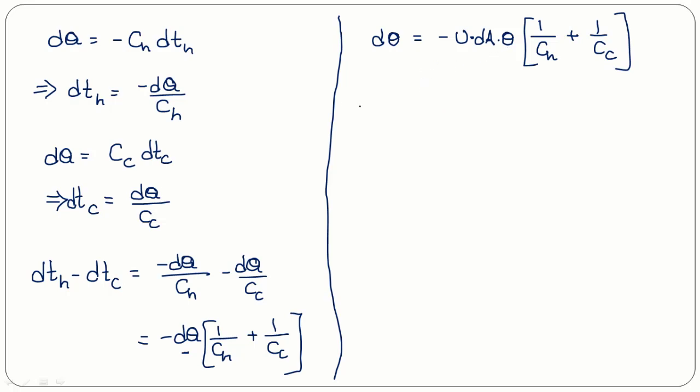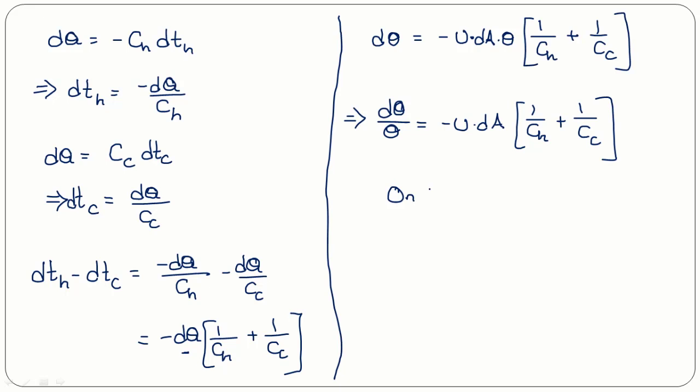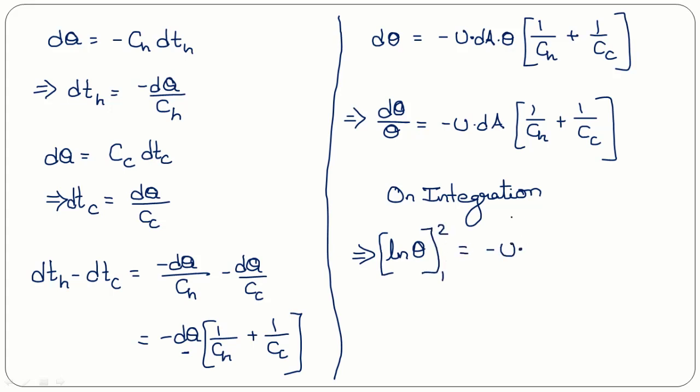Now let us take this theta to the left hand side. So this becomes d theta by theta is equal to minus U dA into 1 by Ch plus 1 by Cc. On integration, we get ln theta within the limits 1 to 2 is equal to minus U into integration of dA will be A into 1 by Ch plus 1 by Cc.